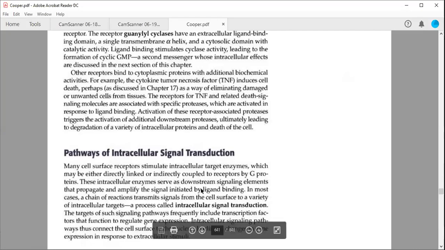This happens with the help of several chains of reactions which transmit your signal inside the cell cytosol. One molecule is able to transmit this signal because of something called amplification.